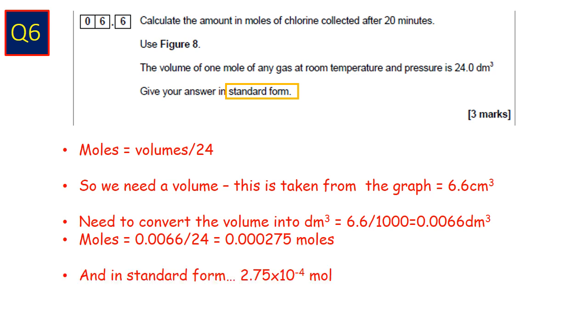So that's what I do, and convert it to 2.75 times 10 to the minus 4 moles. You're getting the marks here: the first mark is for getting 0.0066 decimetre cubed, so reading the number correctly and then converting it. The second mark is for using the values correctly in the equation. The third mark is for giving your answer in standard form.